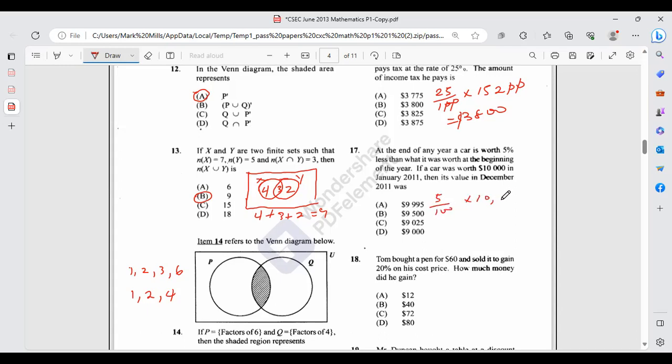Then we cancel, and we get 5 times 100, which is 500. So the car was worth 10,000 in January, and in December it was reduced by 5%. So 10,000 minus 500 gives me 9,500. Beautiful.